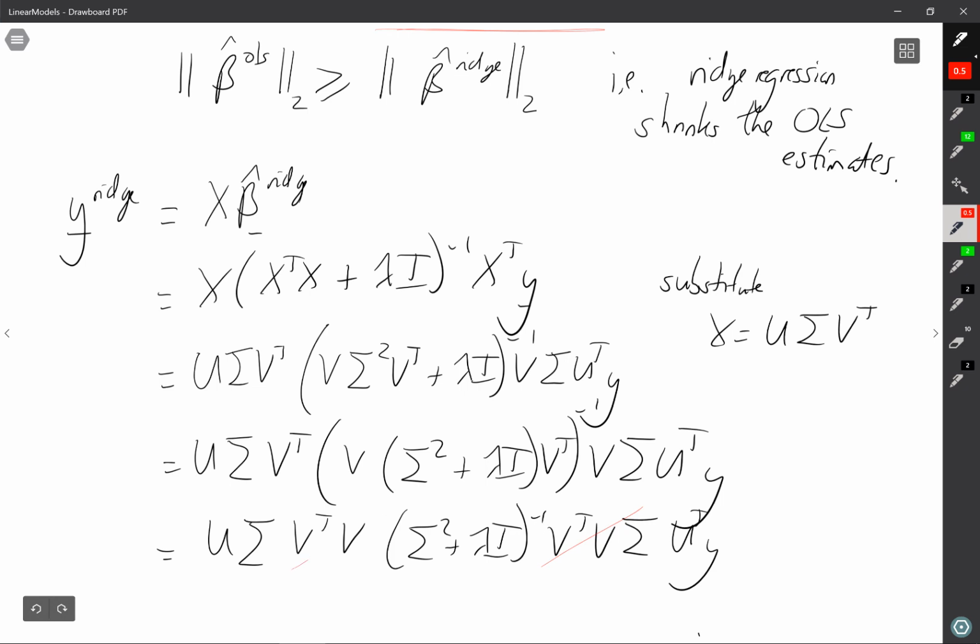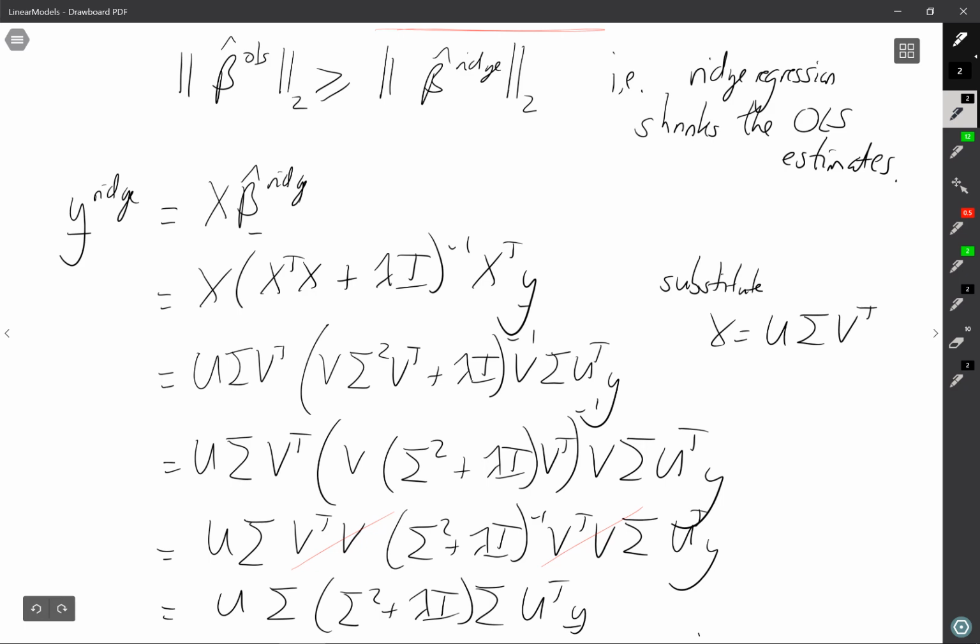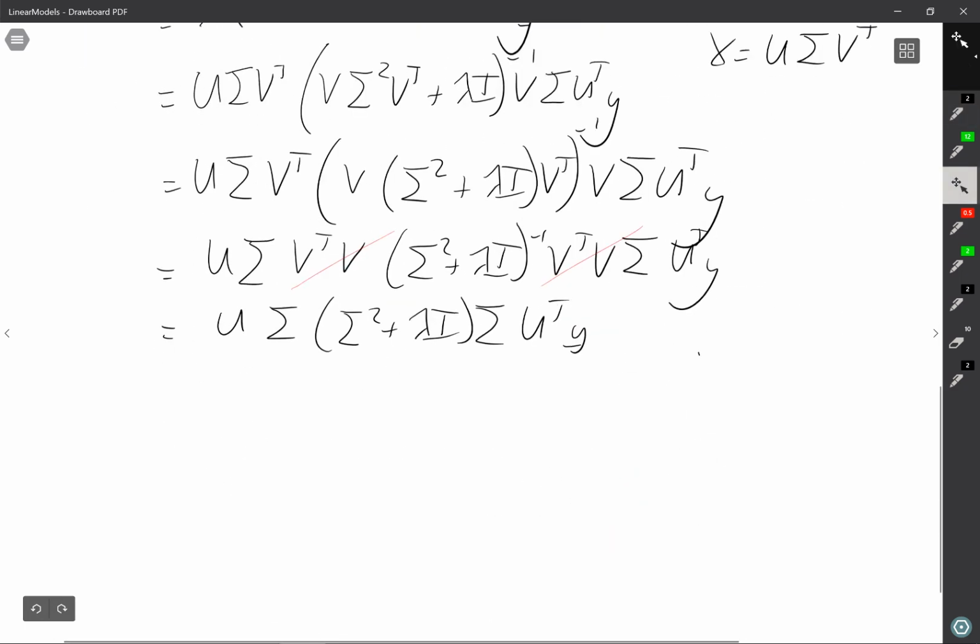So these cancel, and I get left with U (sigma squared plus lambda I) inverse sigma U transposed y, which if we write this out, we get the sum from i equals 1 to p.